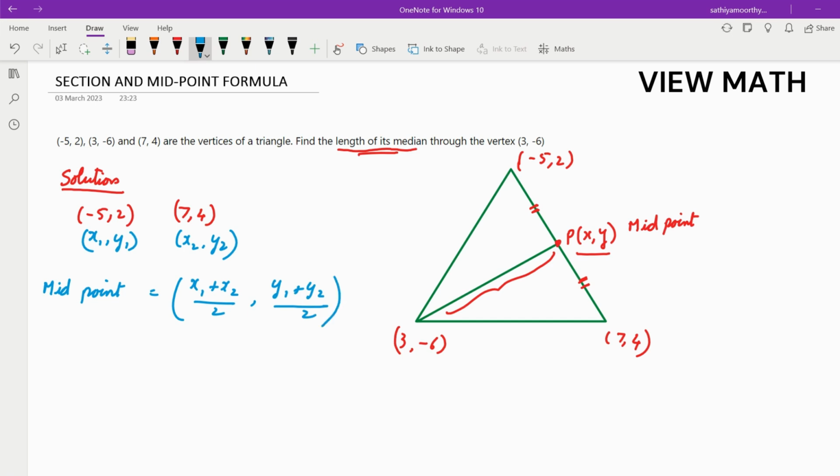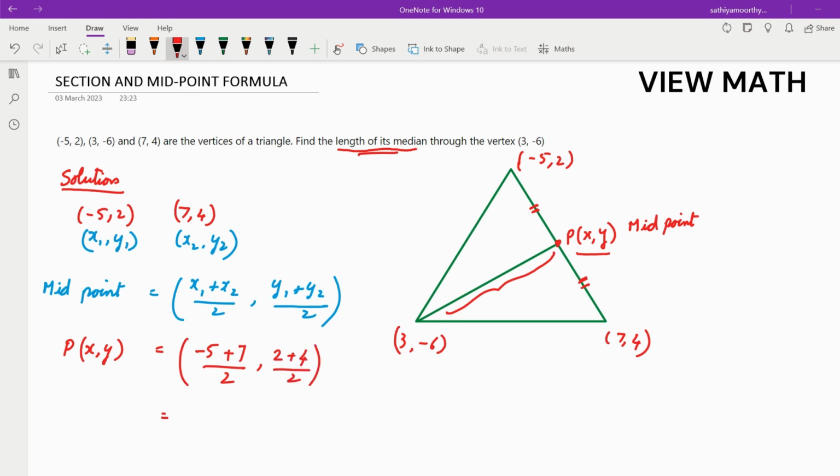So I'm going to substitute in this formula. The midpoint is x comma y, and here I have named it P, so I'm writing it as P x comma y. X1 is minus 5 plus x2 is 7 by 2 comma y1 is 2 and y2 is 4 by 2.